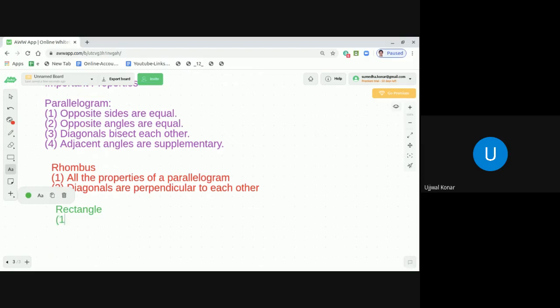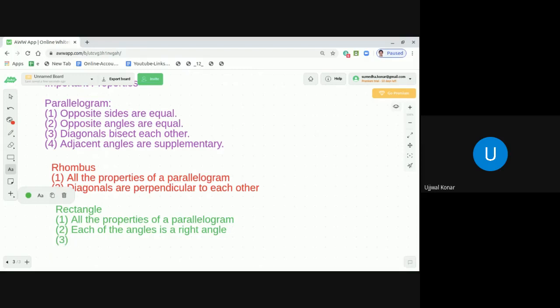For the rectangle, you can say all the properties of a parallelogram, because a rectangle is a parallelogram, correct? Then on top of it, each of the angles is a right angle.